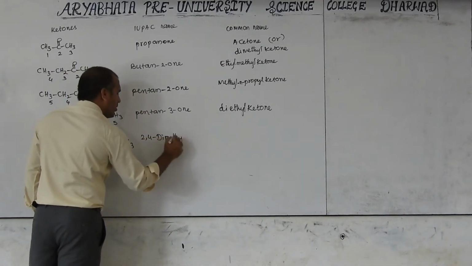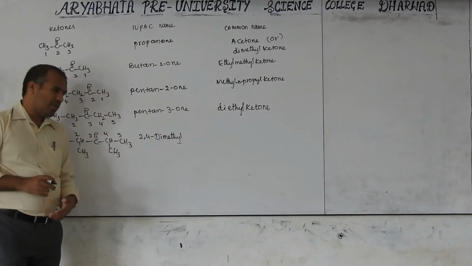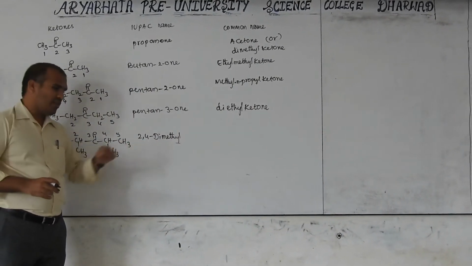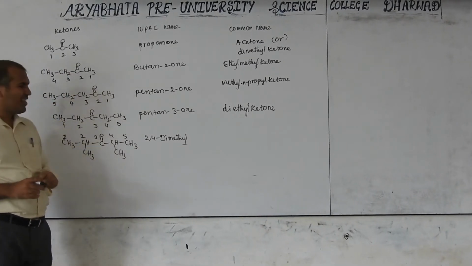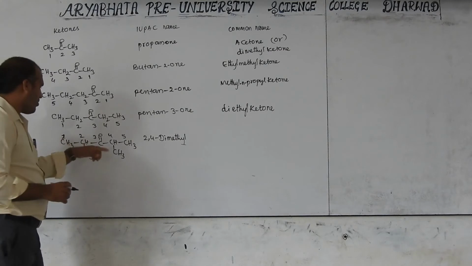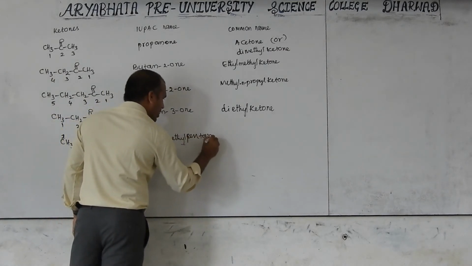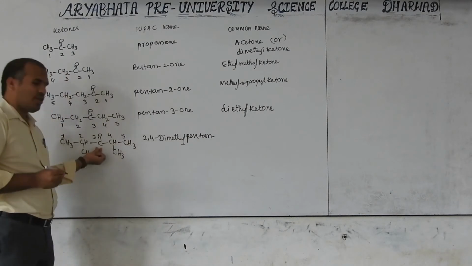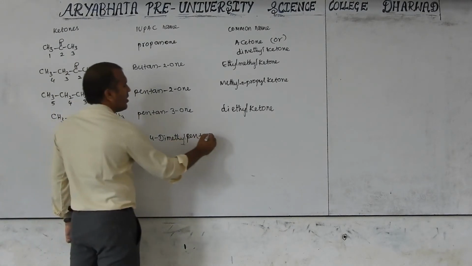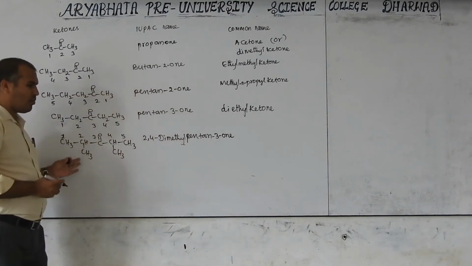Don't read out the comma, it is not good, because comma is just a stop. Total 5 carbons are there, so it is called pentane, remove the e and write the position of the ketone group, that is the third position, then 3-one. This is the IUPAC name of this compound.